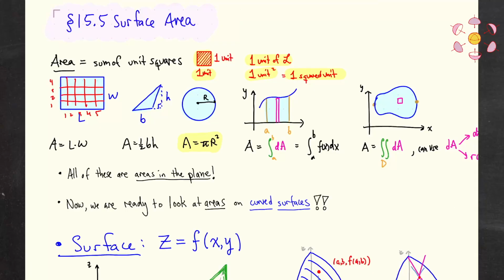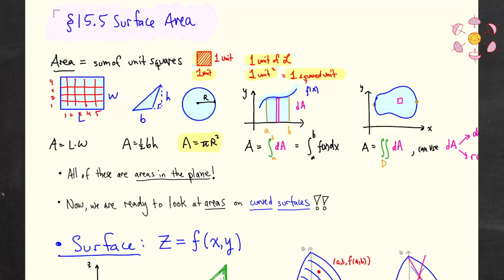Well, one of the main goals of Calc 1 was to actually set up areas of more general regions. So we allow curvy things, like this graph of a function f of x right here. The area of that, we use calculus to approximate using a little tiny thin strip dA.